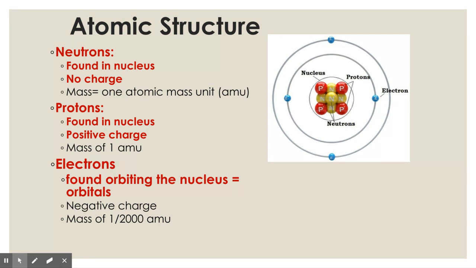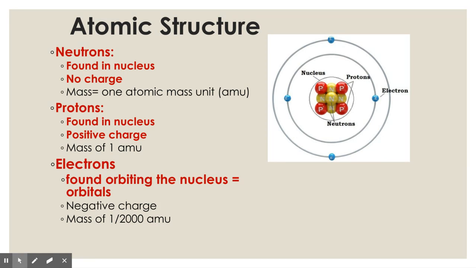So now that we know that atoms are the smallest unit that make up matter, what does an atom itself look like? So we call that the atomic structure. And of course, we draw it out in this nice way, nucleus in the center, rings around it with electrons.